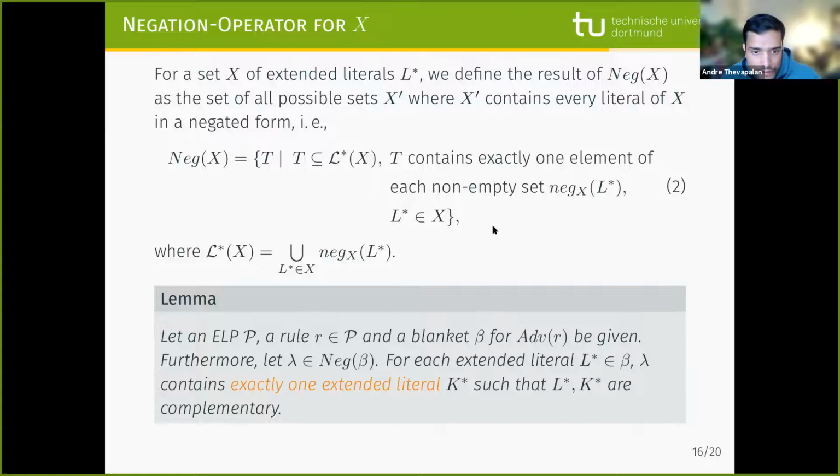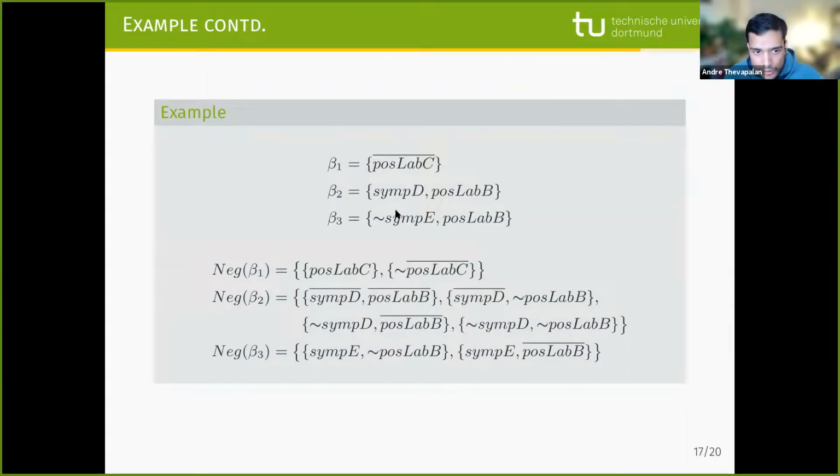I think it's easier to see it in an example. So in our case, we had 3 blankets, and each of the blankets has at least 2 negated versions. And blanket 2 has 4 versions. Why? Because it's easy to see. We have 2 positive literals in our blanket, so they have each 2 different negation options.